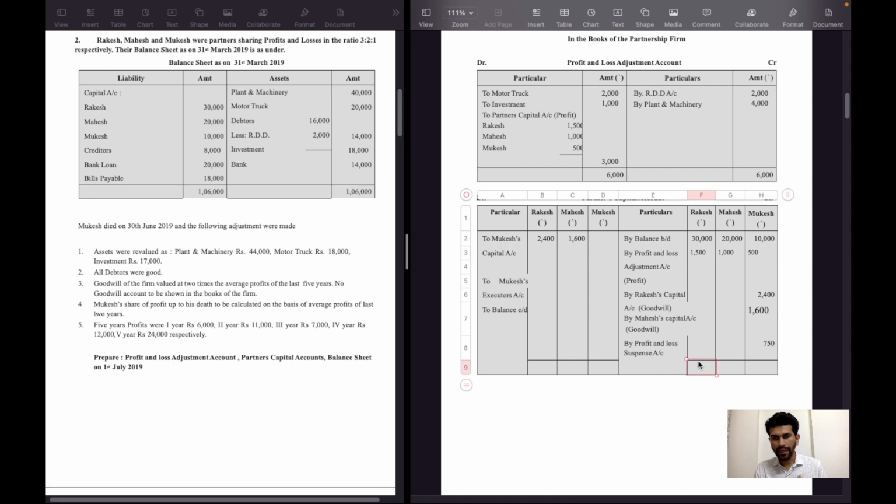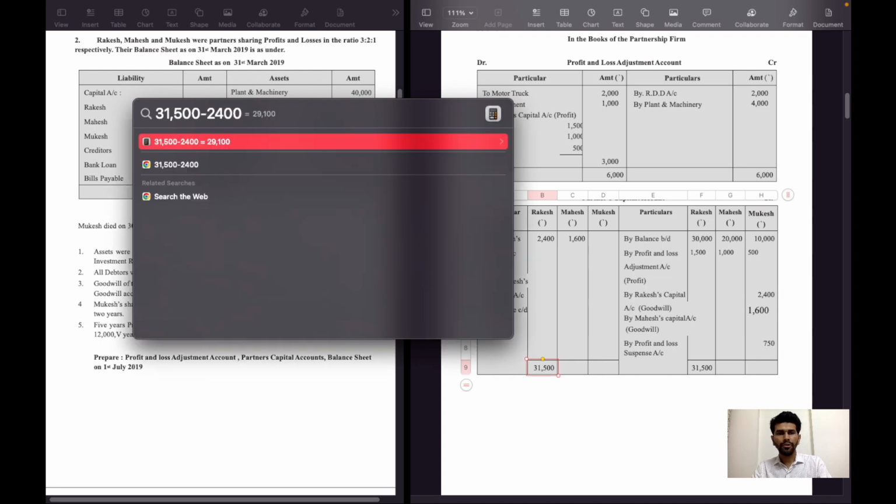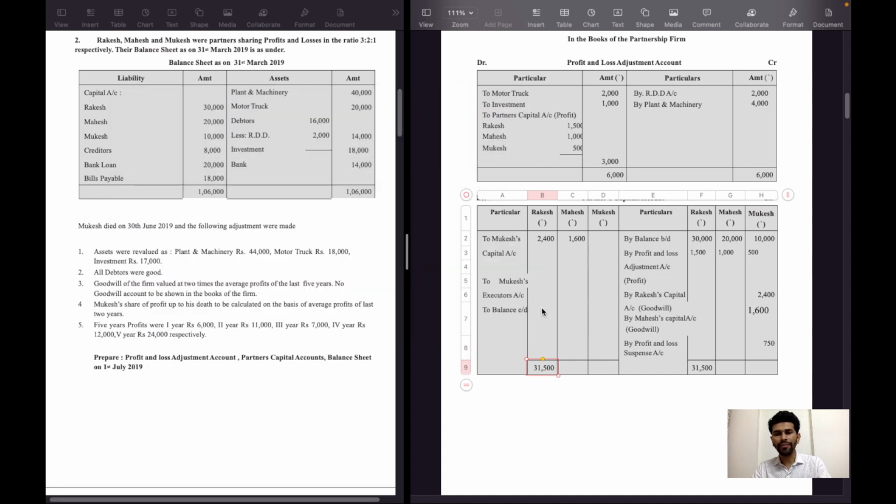There are no other adjustments in partners' capital account, so we will close the partners' capital account. Rakesh capital account credit side is higher, 31,500 rupees. It will be shifted to debit side, minus 2,400 rupees. 29,100 is the balancing figure.